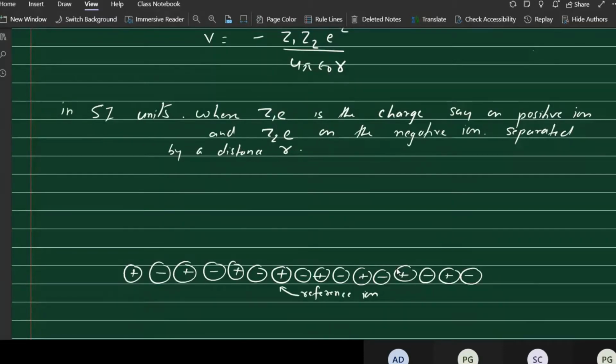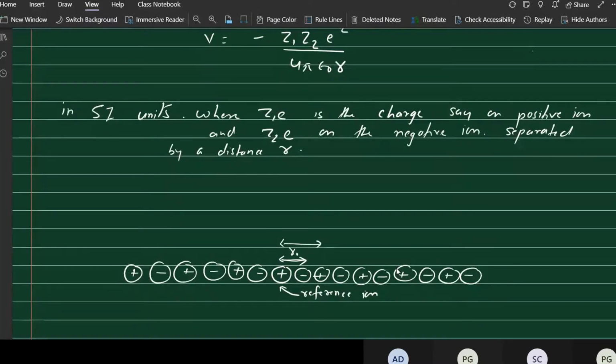Obviously, we will calculate the electric potential between the nearest neighbor. Consider this distance as R0. Again, the electric potential between another nearest neighbor. This may be 2R0.